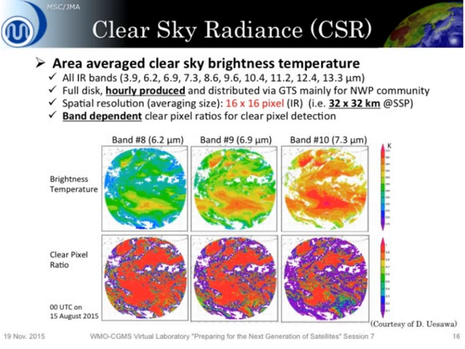Full disk products are produced hourly for all IR bands and distributed via GTS mainly for NWP communities. Spatial resolution is 16 lines by 16 pixels, which means about 32 kilometers by 32 kilometers at sub-satellite point.